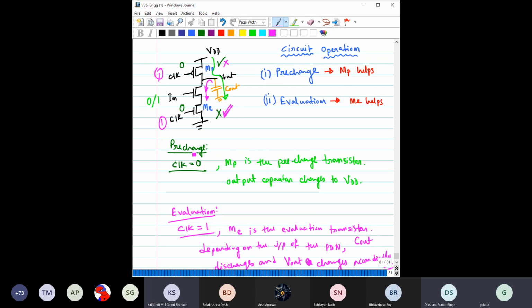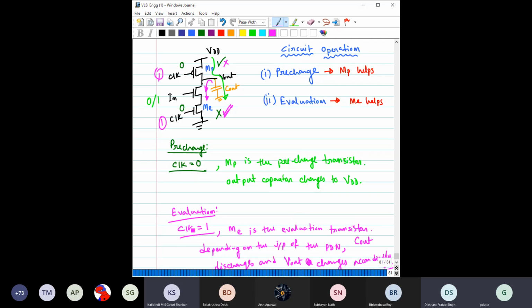Okay. Now, see another interesting phenomenon. For that, say we have done the pre-charge, so the capacitor is fully charged. Please understand the sequence again. Say we have pre-charged it, so during pre-charge, this capacitor is fully charged to VDD. Fine, no issue in that. Then we have gone to the evaluation state.